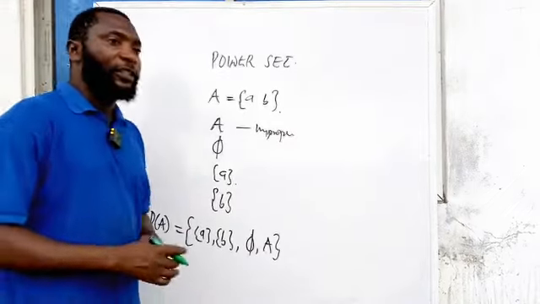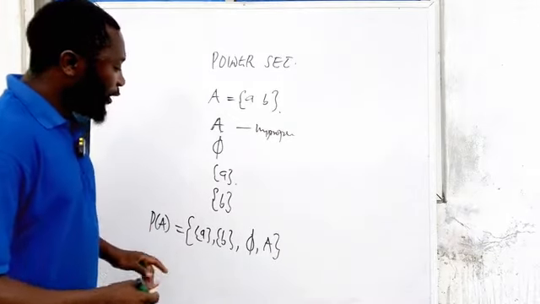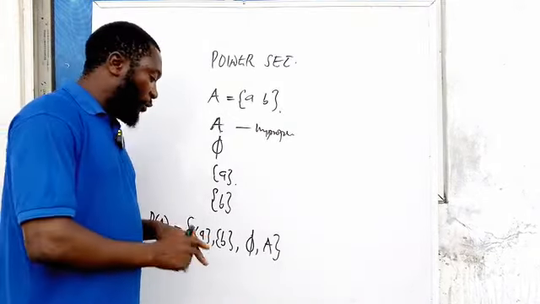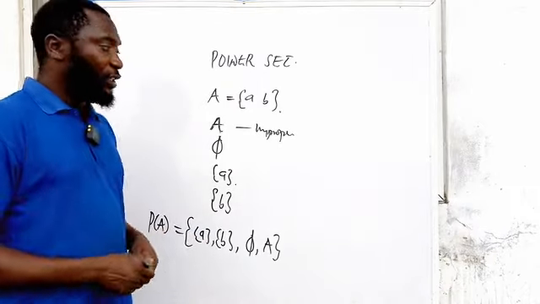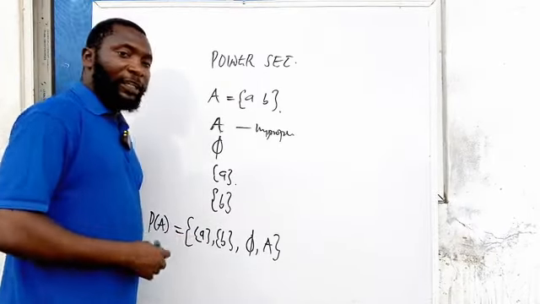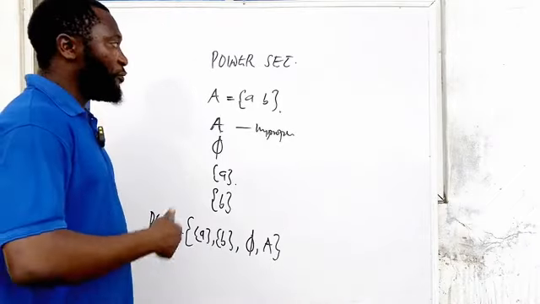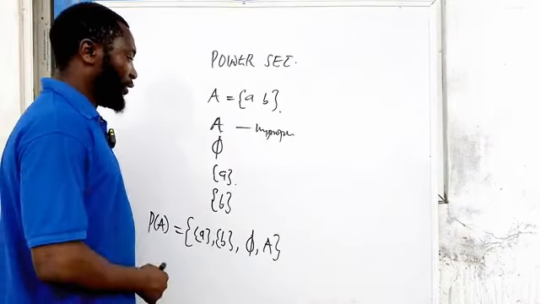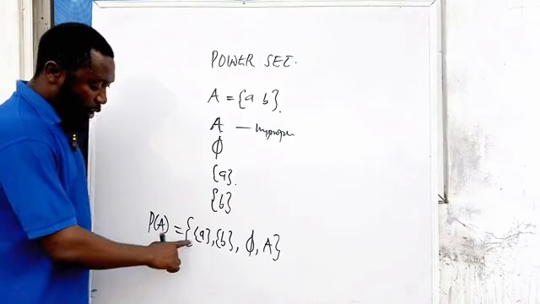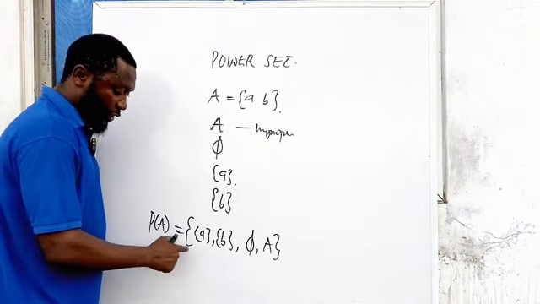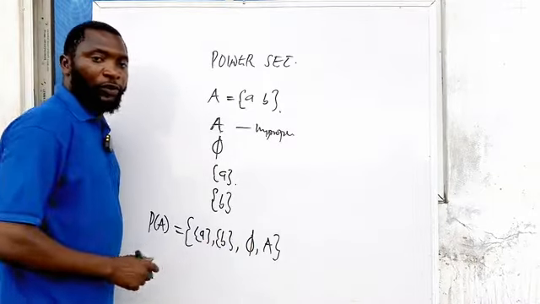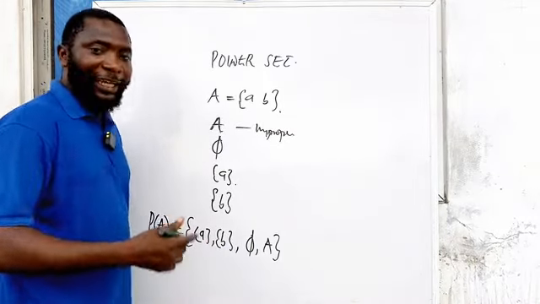Now, another thing is the number of members of a power set, which is given by a formula. That is the cardinality of a power set. Here you can see how many members we have inside this power set: 1, 2, 3, 4. So we have 4. But there is a general formula.